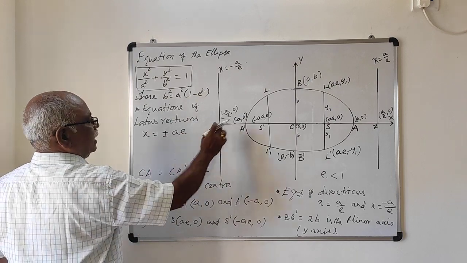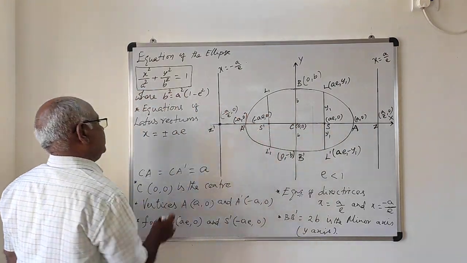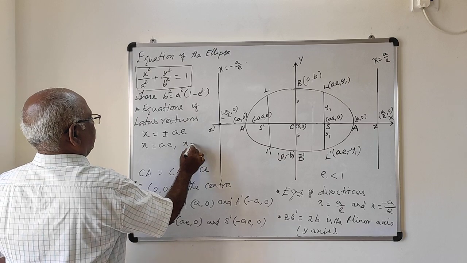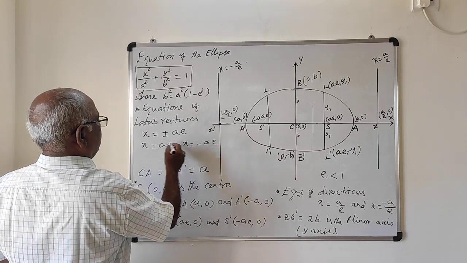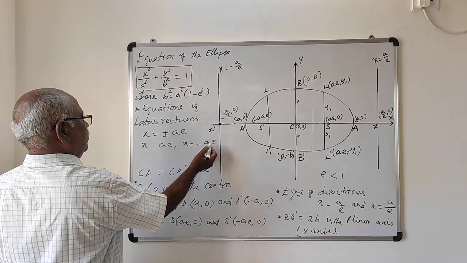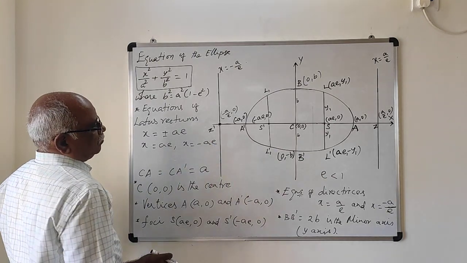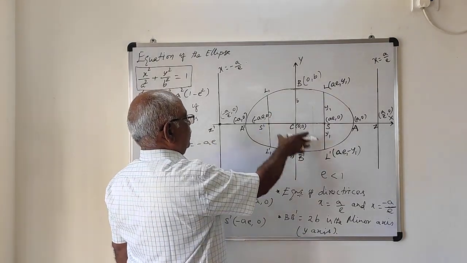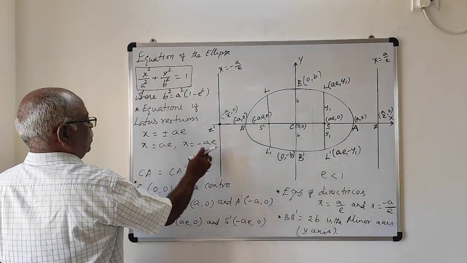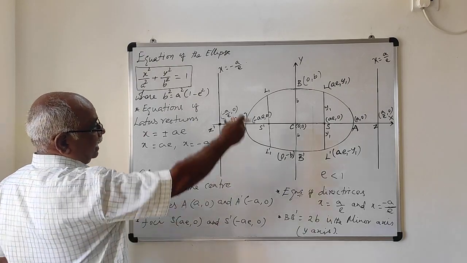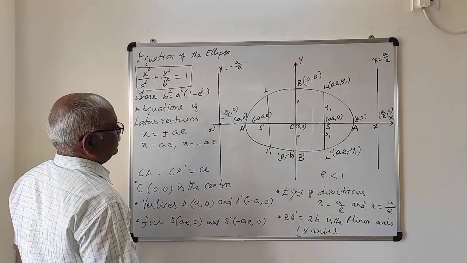That is x equal to ae and this is x equal to minus ae. Combining, you will get x equal to plus or minus ae. These are the equations of the latus rectum. Two latus rectums we have. Next, we are going to find the length of the latus rectum.